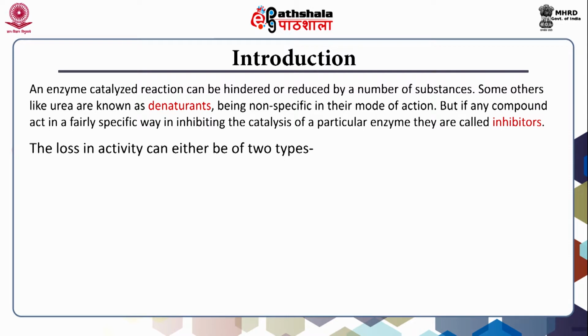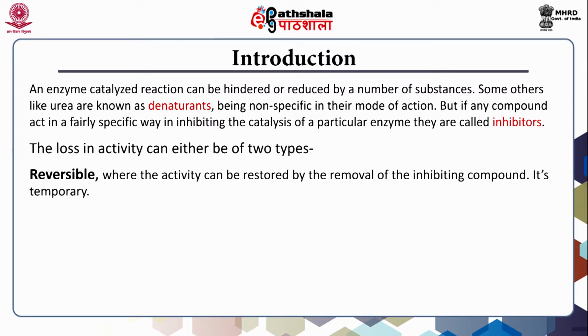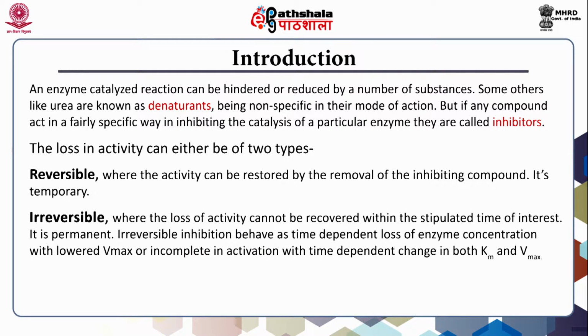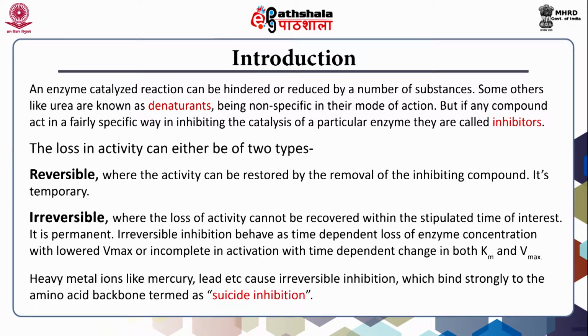The loss in activity can be of two types: reversible, where the activity can be restored by the removal of the inhibiting compound, it is temporary; and irreversible, where the loss of activity cannot be recovered within the stipulated time of interest. Heavy metal ions like mercury, lead, etc. cause irreversible inhibition, which binds strongly to the amino acid backbone, termed as suicide inhibition.